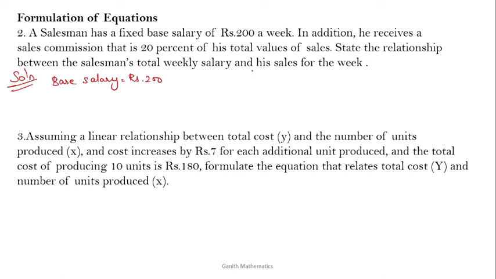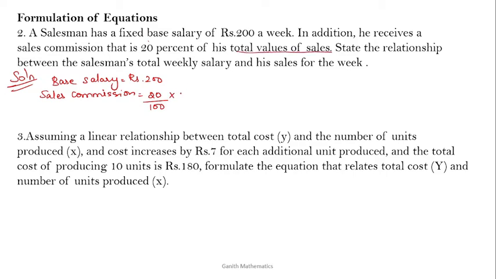This is given. In addition, he receives a sales commission, that is 20% of his total sales. So he'll get some commission. You can write it as 20 by 100 of the total value of sales.